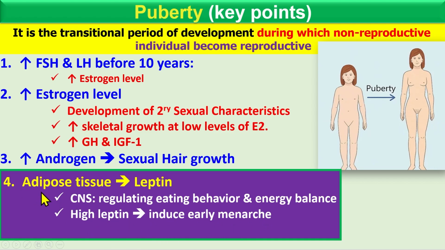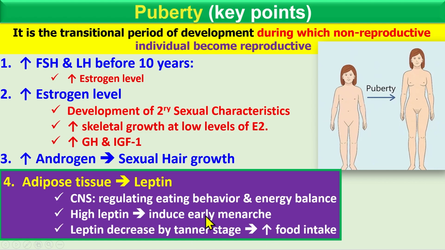When there is low fat, there is low leptin, so there is late onset of menarche. Okay, so after the Tanner stage, as the Tanner stage advances from 1 to 5, the leptin level is going to decrease, which also increases the food intake.